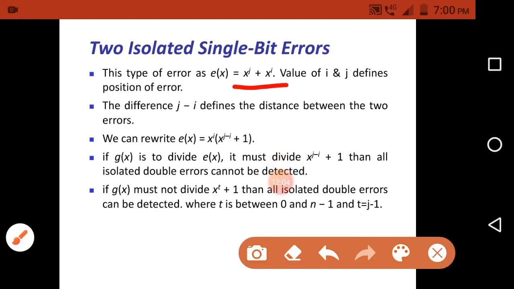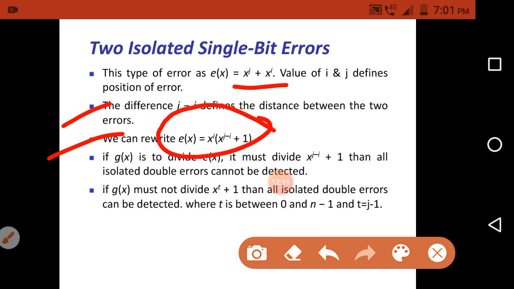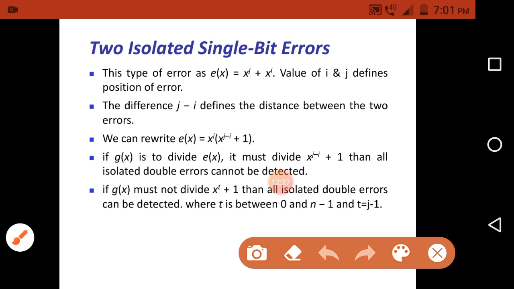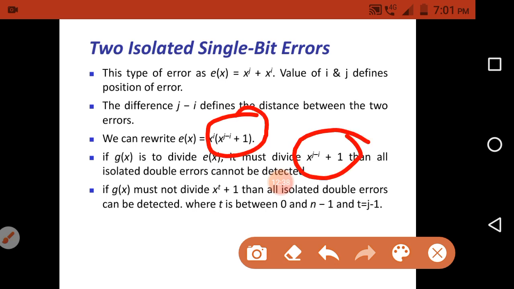So how can we represent two isolated single bit errors? By using the two terms x raised to j plus x raised to i. J and i represent the positions of the two single bit errors in the data. J minus i represents the difference, and that equation can also be rewritten in this form. You can take x^i out, that is x^i into x raised to j minus i plus 1. If the generator or divisor wants to detect the two single bit errors, it must not divide this second factor, x^(j-i) plus 1.